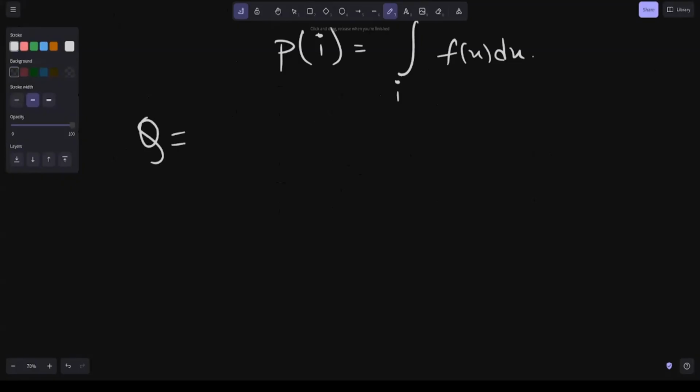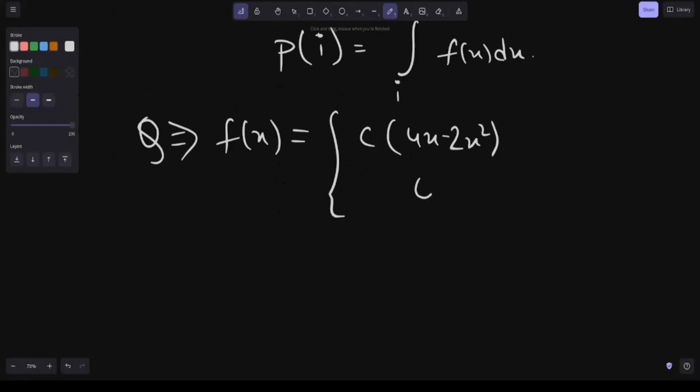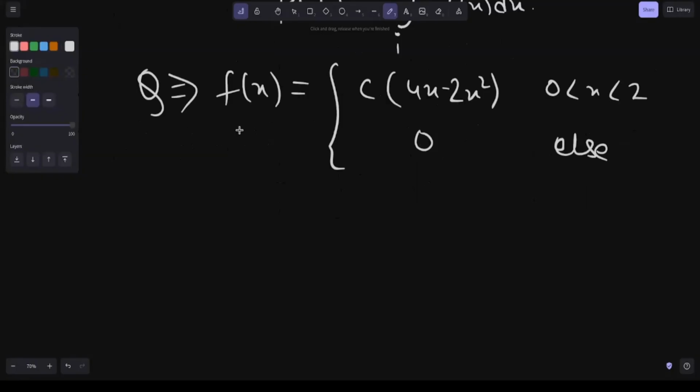So let's say there is f(x), and f(x) is c times (4x minus 2x square) for 0 to 2, and 0 else. Now tell me what is the value of c. We know a probability will always be 1 max, for anything.